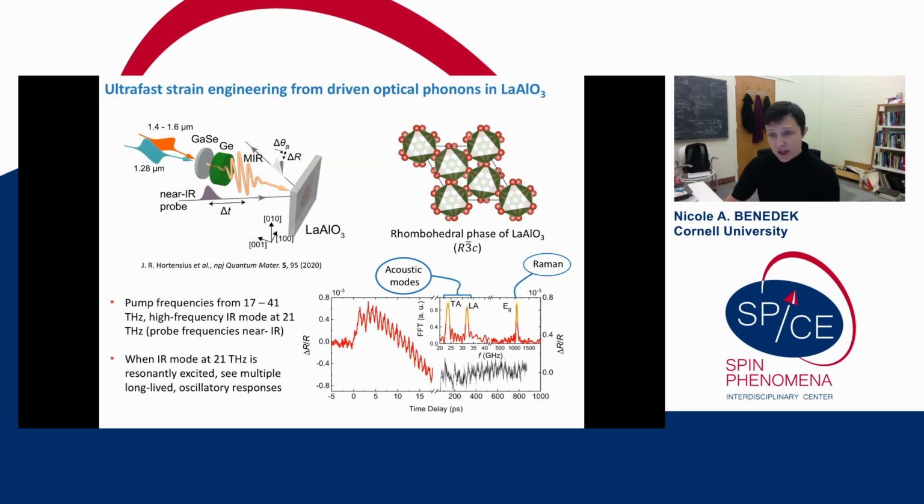We say that lanthanum aluminate is boring in a good way. There are no other structural distortions present apart from the rotations. The band gap is pretty big, over 5 eV. Electronically, there's not much going on. So this is great for us because it allows us to really focus on the response of the lattice to optical excitation without worrying about a bunch of other stuff.